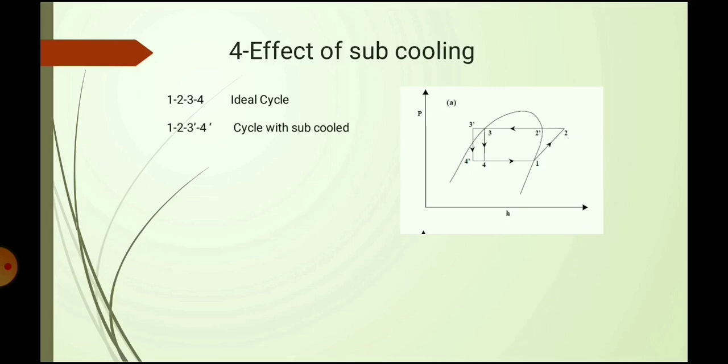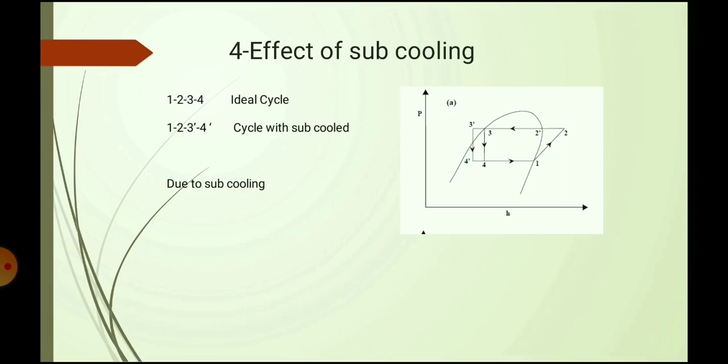That means process 1, 2, 3 dash and 4 dash is said to be the cycle with subcooling. Okay, when we subcool, the compression work remains the same.